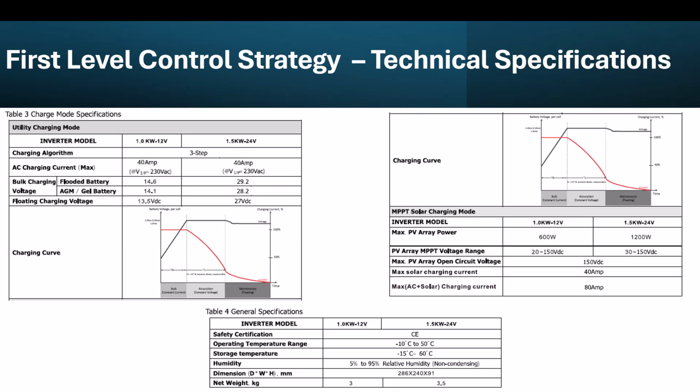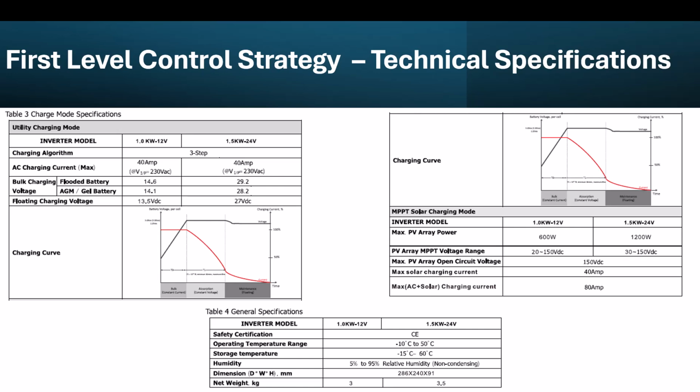So for a 1K, your boundary is at 600 watts. So it's just one panel that you can connect. It can give you a maximum solar charging current of about 40 amps. But if you combine both the input AC and the solar charging current, the maximum is 80 amps.